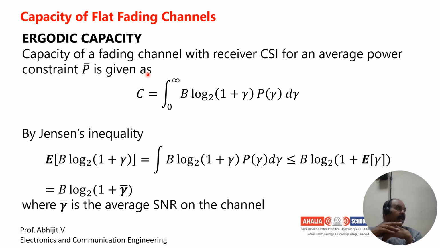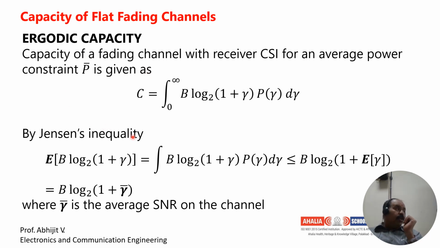Now we are going to derive the conditions where the value of G of I is known to the receiver, and both the transmitter and the receiver know the distribution of G of I. The second instance is the one in which you are going to derive the ergodic capacity.